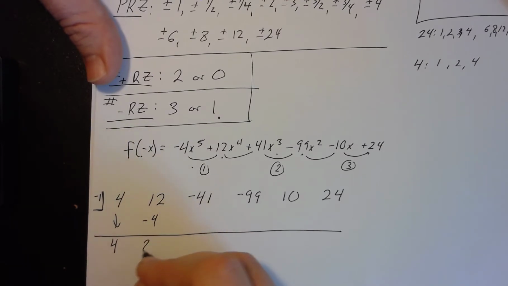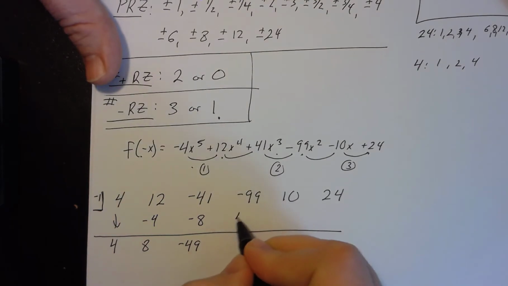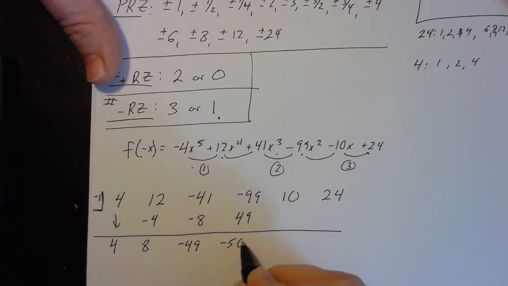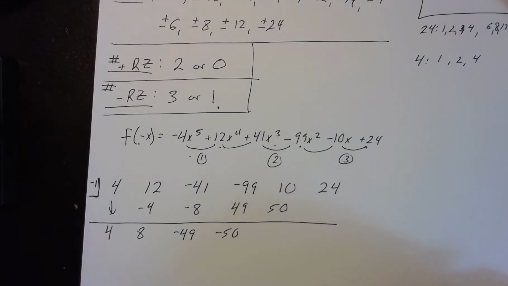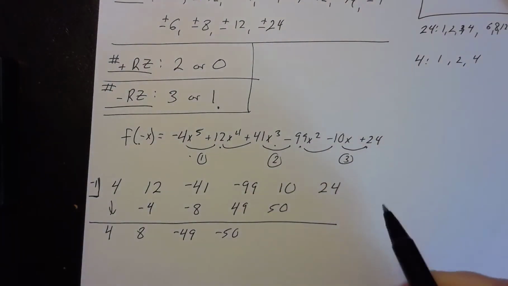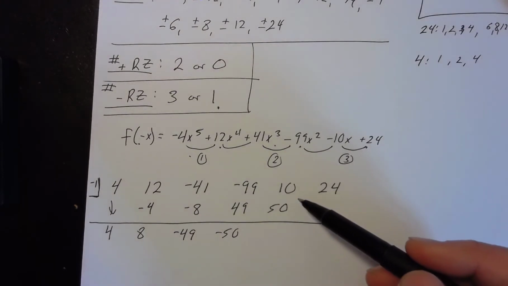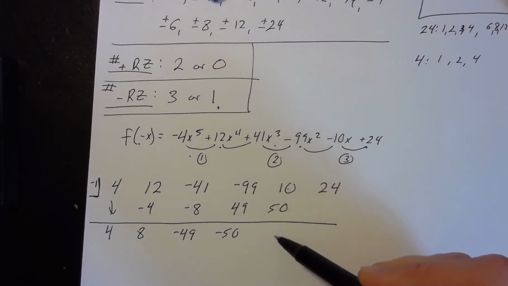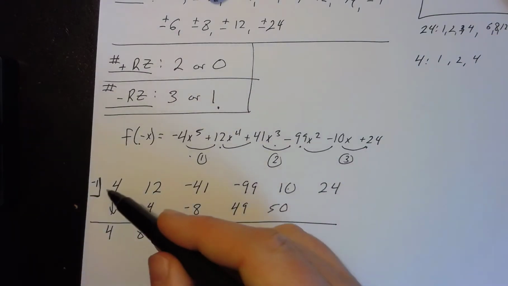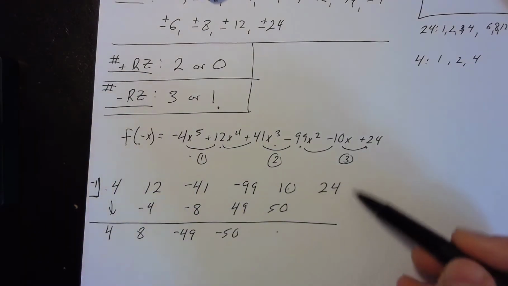That gives me a value of 8. Negative 8, negative 49, positive 49, negative 50, positive 50. And right here, this is the argument that I know I can stop. And the reason why I know I can stop is because in my head, I'm working 2 steps ahead. I'm doing in my head 10 plus 50 is 60. 60 times a negative 1 is something that is much larger than 24.